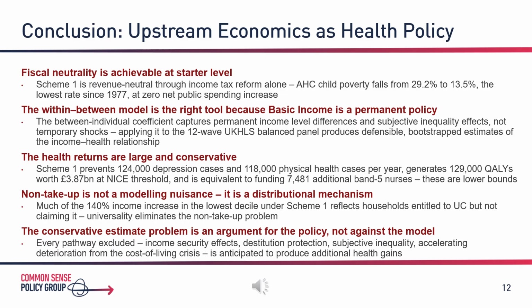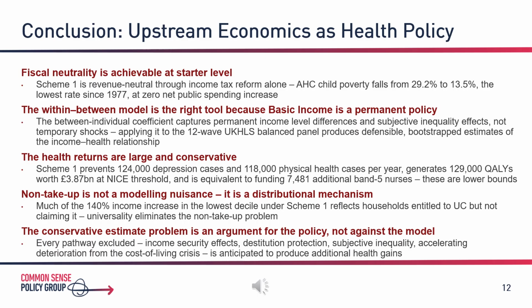The fifth thread is the conservative estimate problem. Every pathway excluded from the model, income security effects, destitution protection, reduced income volatility, subjective inequality pathways, is excluded not because it does not exist, but because we lack well-identified causal estimates of its magnitude.